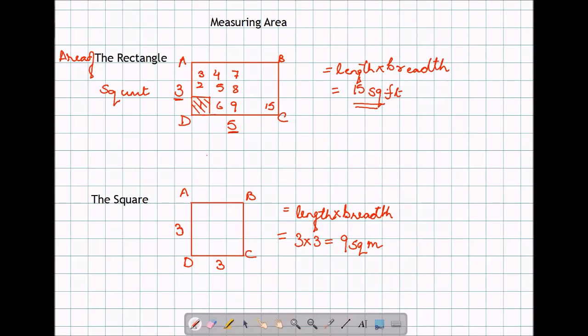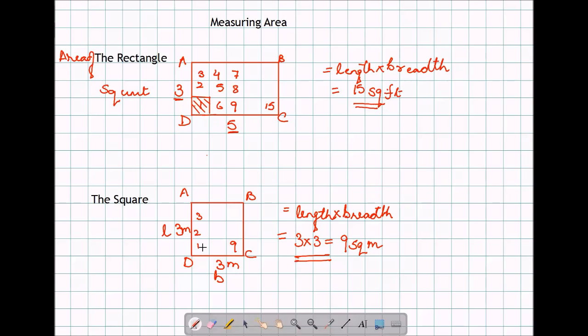If it's 3 meters, you say square meters. If you count 1 to 9, there are 9 such squares, so this will be 9 square meters. The length AD times the breadth CD, or you can call one the base and the other the altitude, or just say the product of its dimensions.